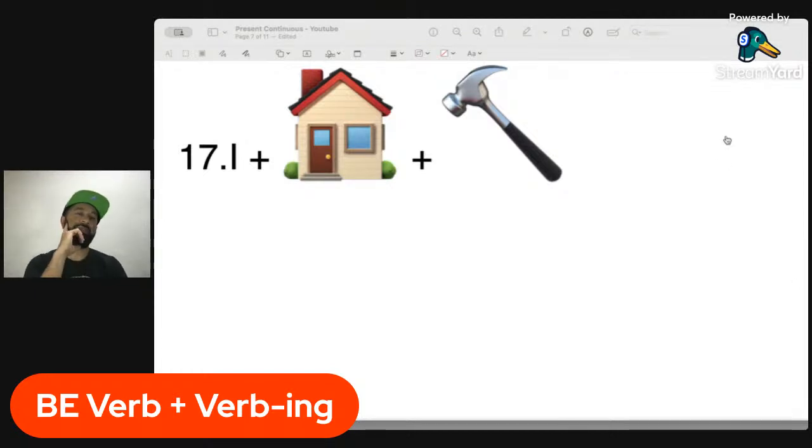All right, so for number 17, I've got a house, I've got a hammer. I might just say I'm renovating my house. Let's put that up on the screen here.